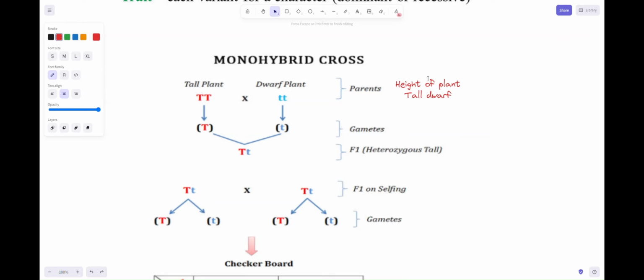Okay students, the tall gene is represented by capital T and the dwarf gene is represented by small t.